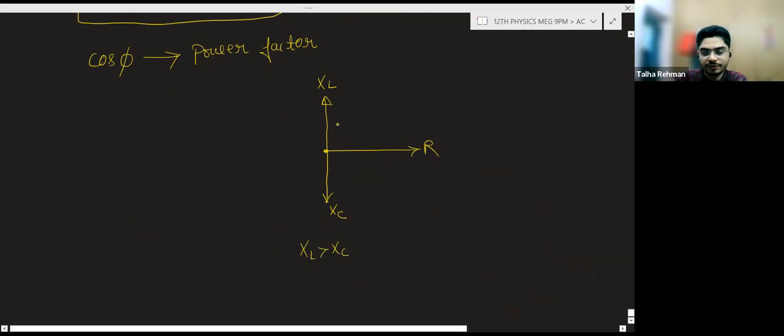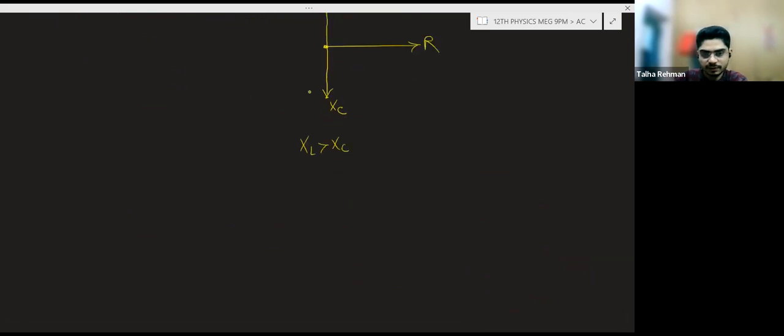So this diagram will be reduced to this. This is R. Here will be XL minus XC. And here the resultant of this will be Z. Z is the impedance, and this is phi.